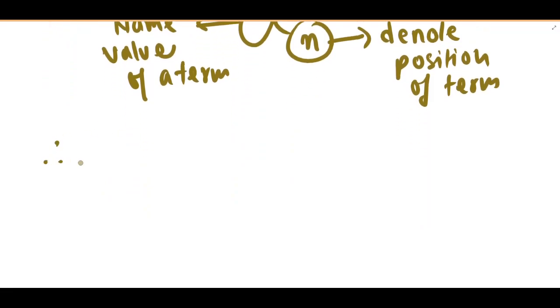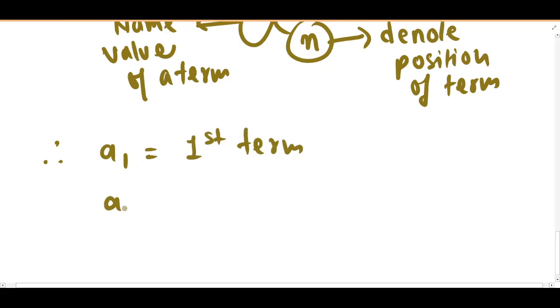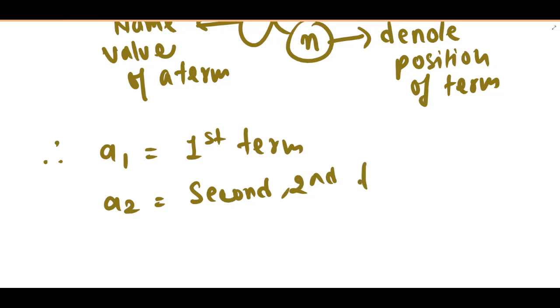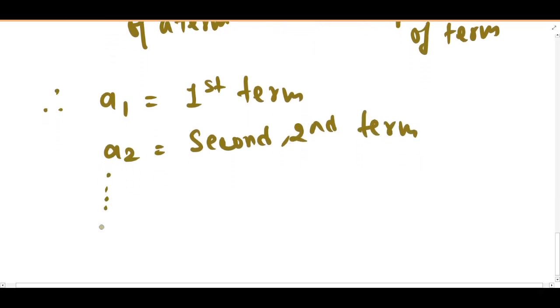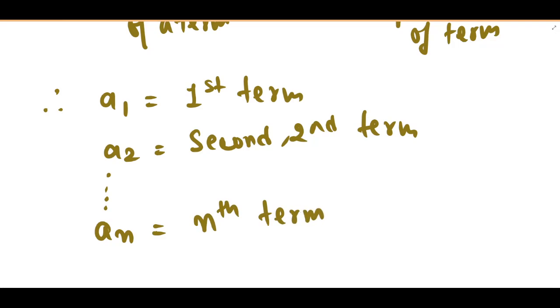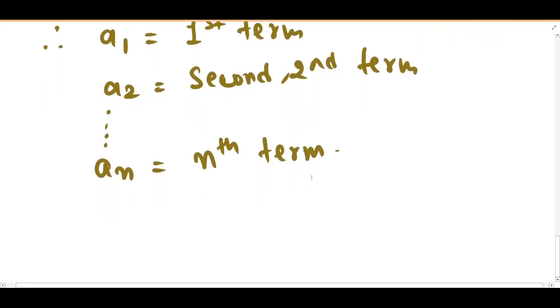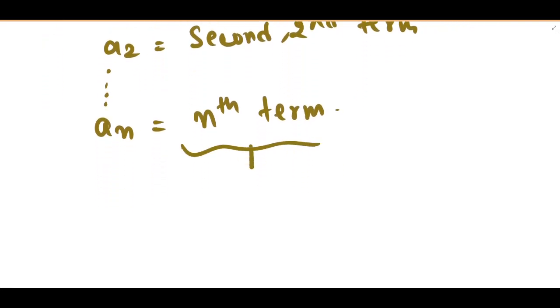Therefore A1 is the first term and A2 is the second term. Likewise we have an nth term, also called the general term.